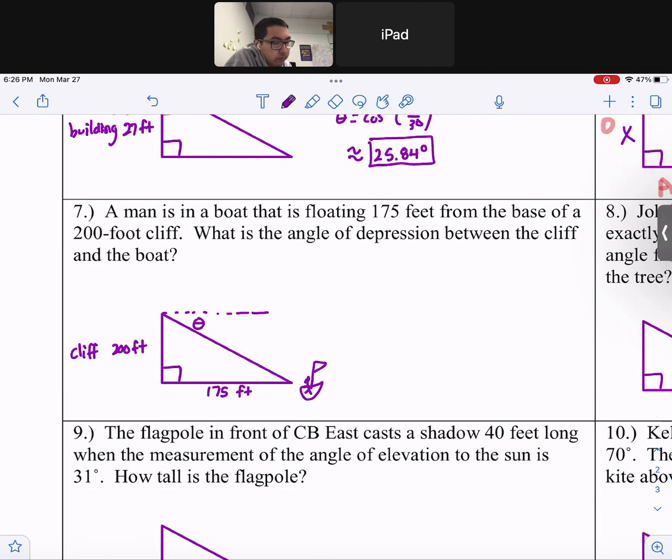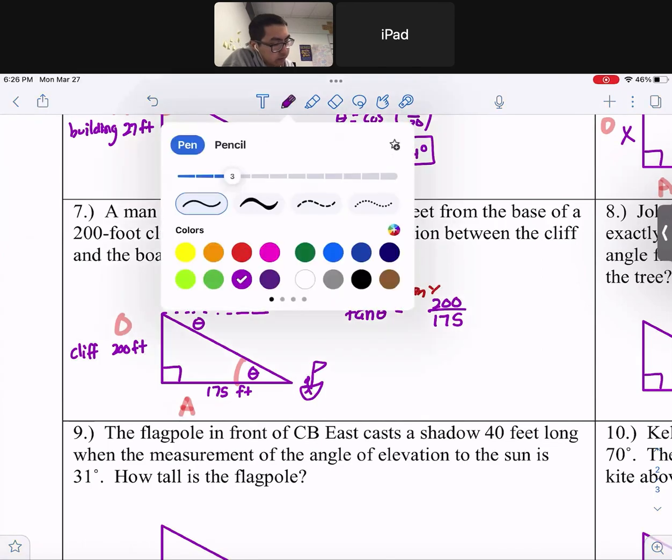That's theta, which is also congruent to the angle of elevation, right? So we have to find what this angle is. So in the perspective of this angle, this is opposite, this is adjacent, so this is definitely tangent. Tan theta equals 200 all over 175. So to solve for theta, we gotta do the tan inverse to both sides.